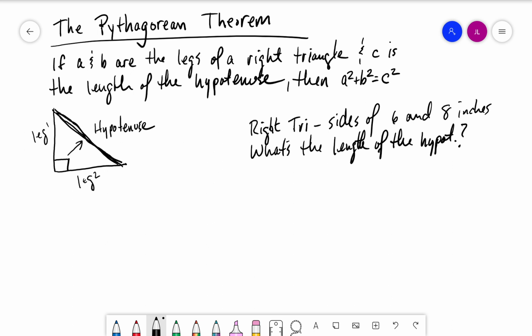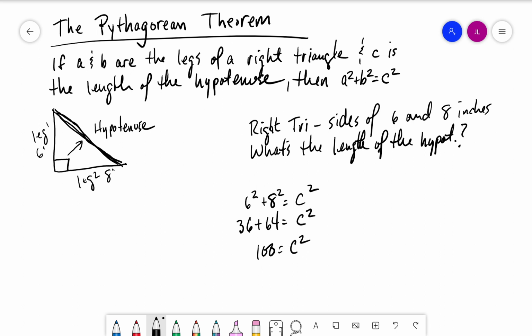One side is 6 inches, another side is 8 inches. So 6 squared plus 8 squared equals c squared. 6 squared is 36, and 8 times 8 is 64, so 36 plus 64 equals c squared. So 100 is equal to c squared.